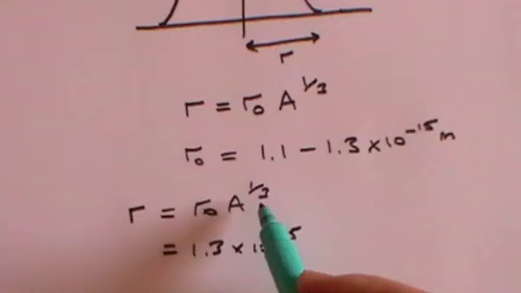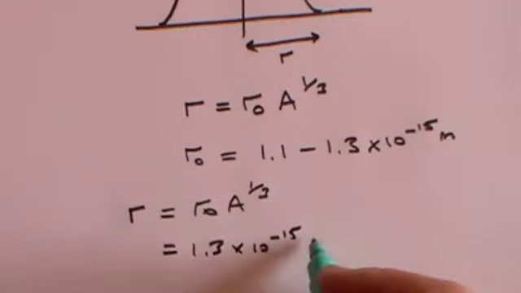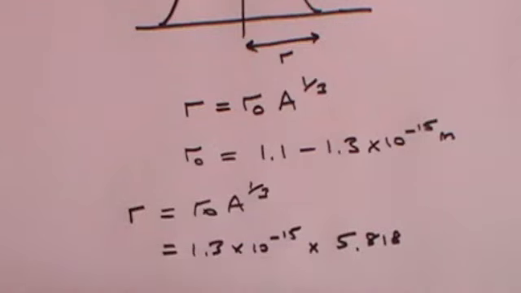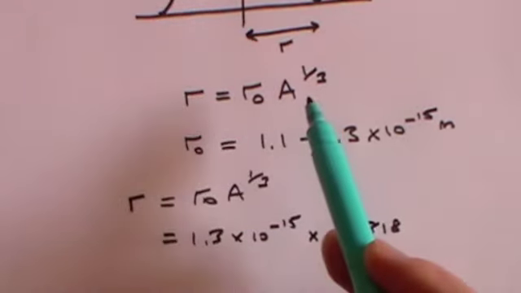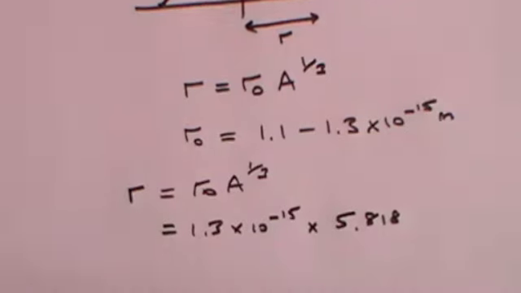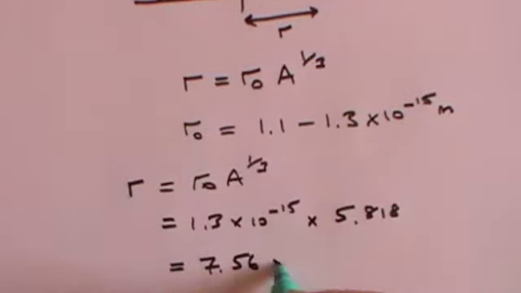Well, for gold, A is 197, and the cube root of 197 is 5.818. A to the 1/3 is the cube root, and that gives us 7.56 times 10 to the minus 15 meters.